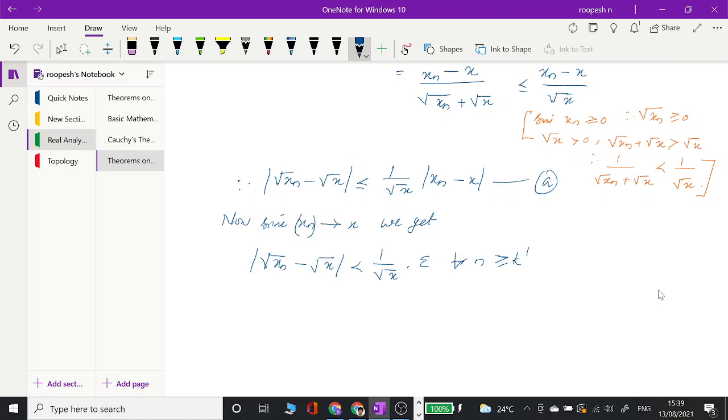So this implies, since epsilon is arbitrary, see here also you can have this less than epsilon.